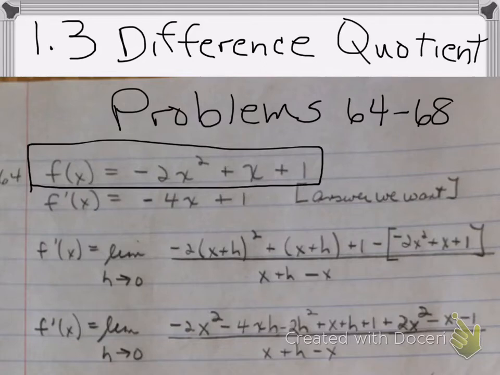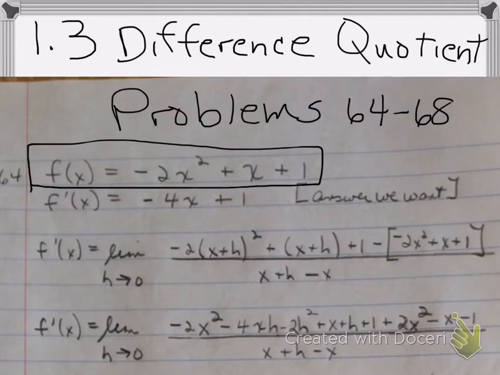Then because I have more than one term in my function, I am subtracting this as a box so that I distribute my negative correctly. So that is a good procedure to get in the habit of doing. And then here's your denominator, just what we have normally right there. And don't lose sight of the fact that this whole thing is just the change in y over the change in x, or slope.